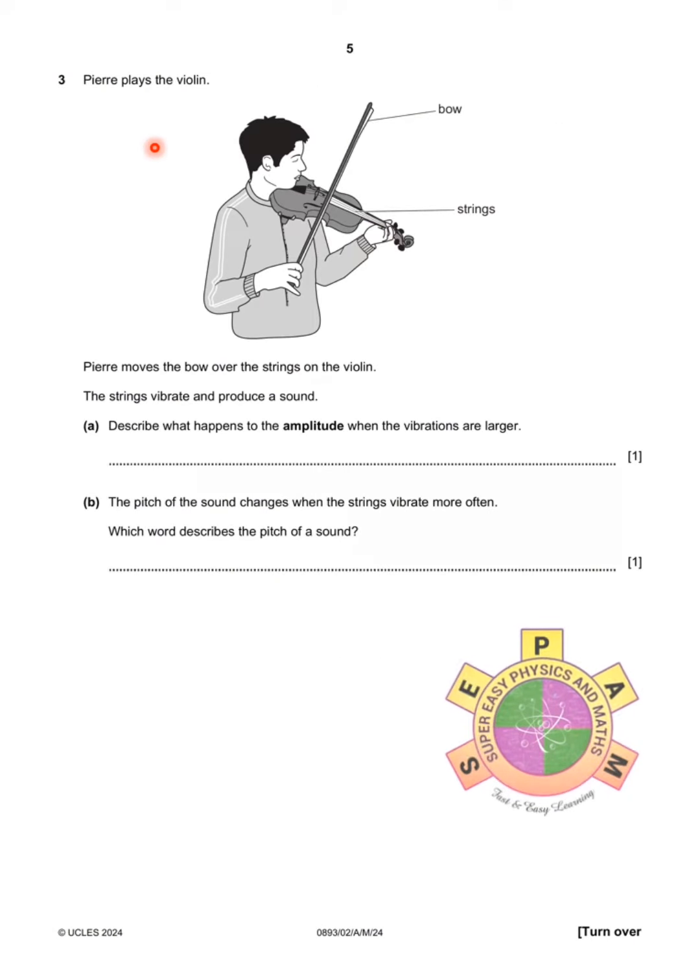Pierre plays the violin, so he has the bow and then the string. Pierre moves the bow over the string, it vibrates and produces a sound. Describe what happens to the amplitude when the vibrations are large.